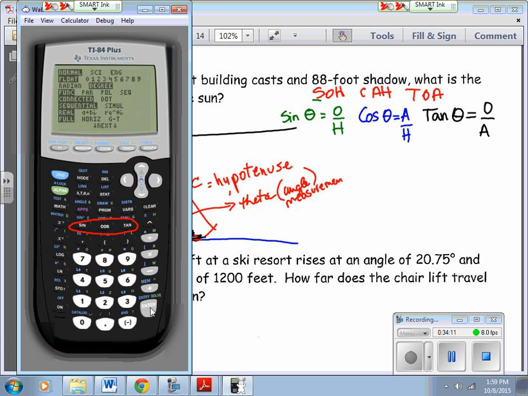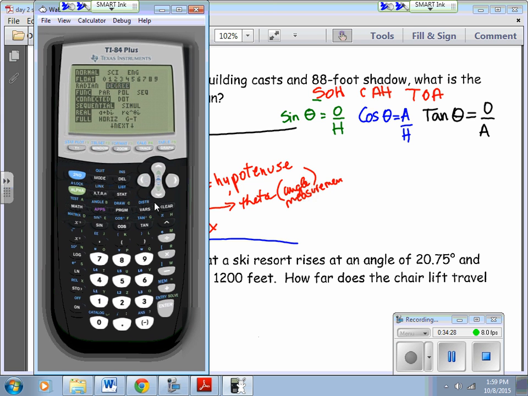If we're trying to figure out an angle measurement, which is the case for this problem that we're doing right now, then we have to use the buttons that are in blue. You guys see these buttons right there?